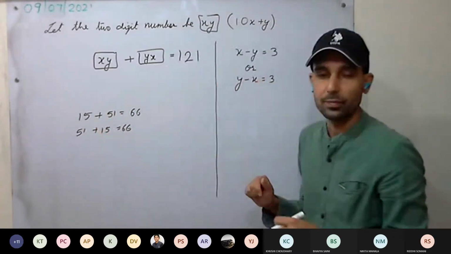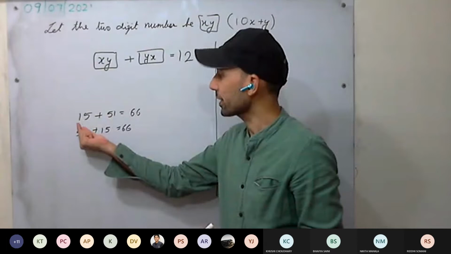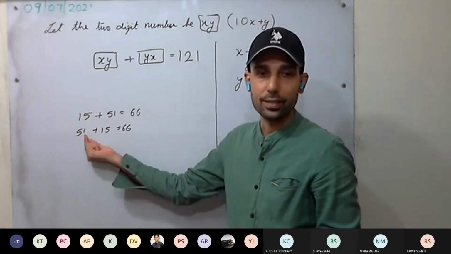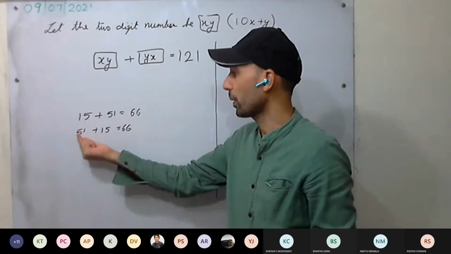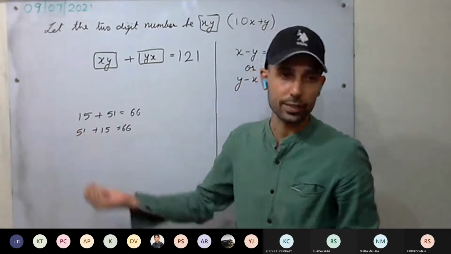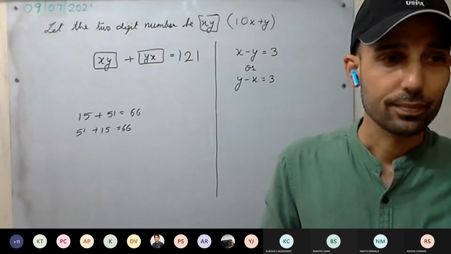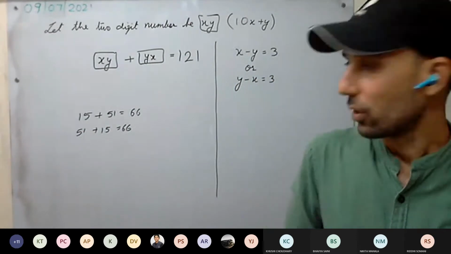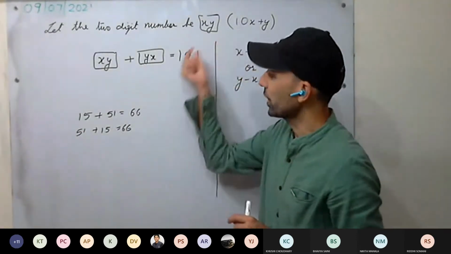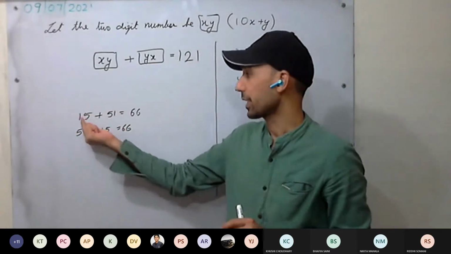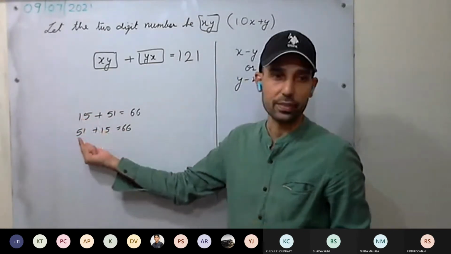So does it matter whether I've taken x less than y or x greater than y? By this equation, we won't be able to know whether x is greater or y is greater. Can we know? We can't know. So that xy number can be 15. It can be 51. Yes or no?